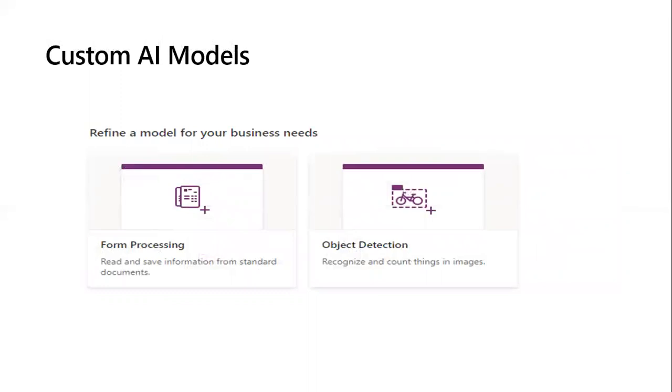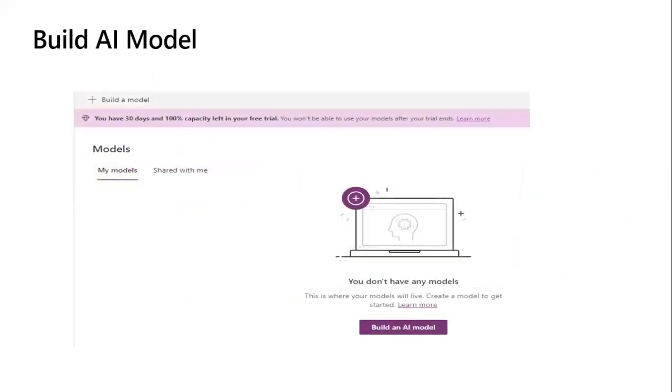Then, as we have discussed, we also have the capability to customize our own model. We have the option to customize our model, where the business scenario could be form processing, or some prediction, or object detection from a particular image. Then the last offering that I was talking about was building an AI model.